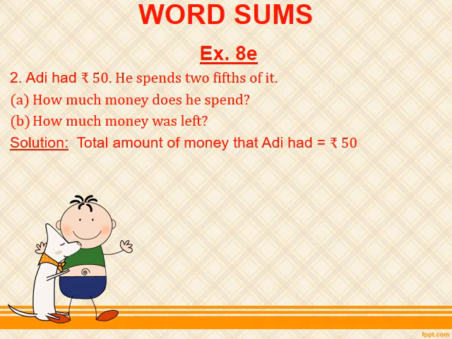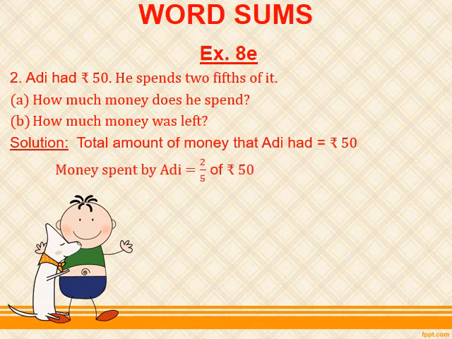The total amount of money that Adi had is equal to rupees 50, which is already given in the question. Money spent by Adi is equal to 2/5 of the total money that he had, and this is also given in the question. And children, 2/5 of total money, and the total money is rupees 50, so we will write 2 by 5 of rupees 50.